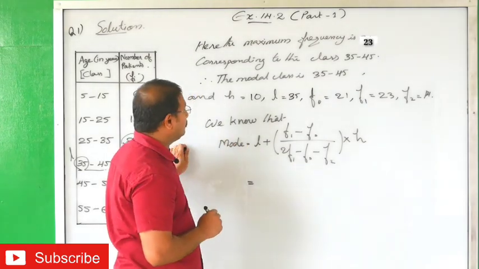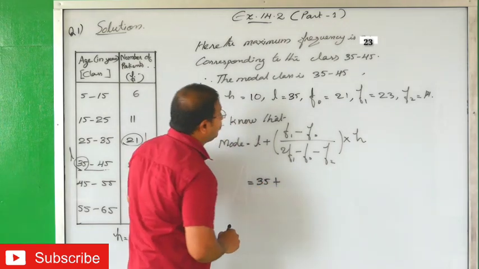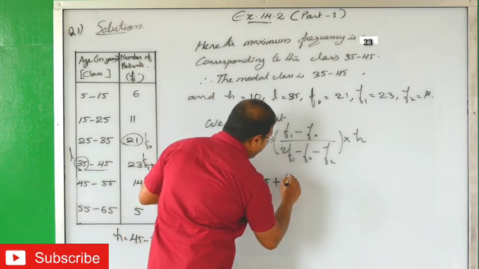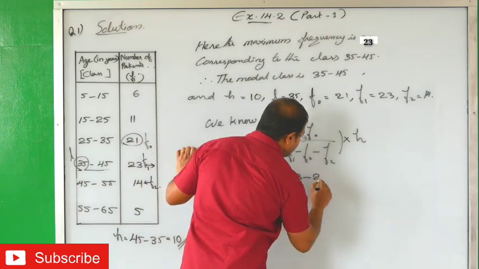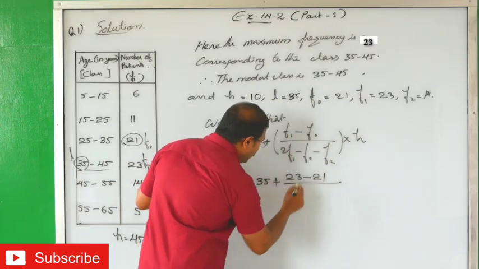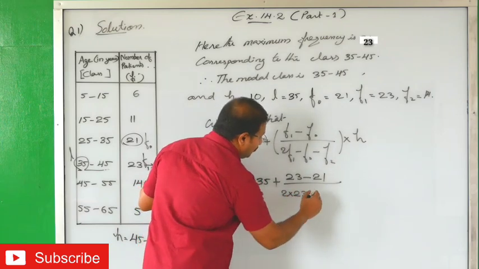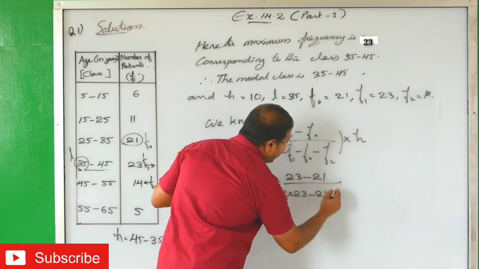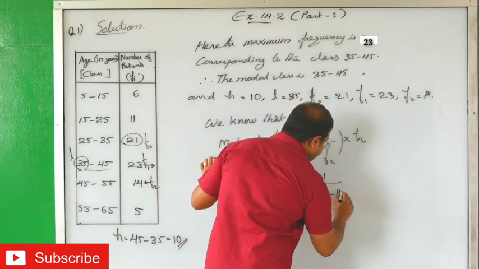What is the value of L? 35. So 35 plus f1, 23, minus f0, 21, divided by 2 into f1, 2 into 23, minus f0, 21, minus f2, 14, isn't it? 14, 1, 4.